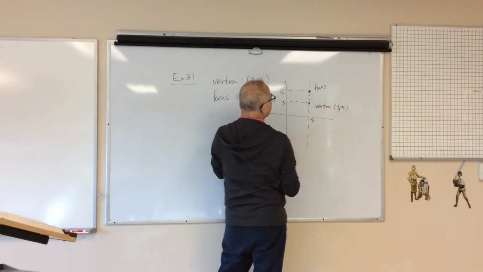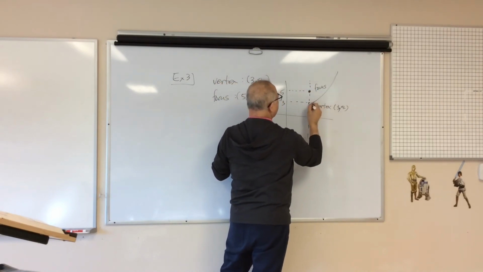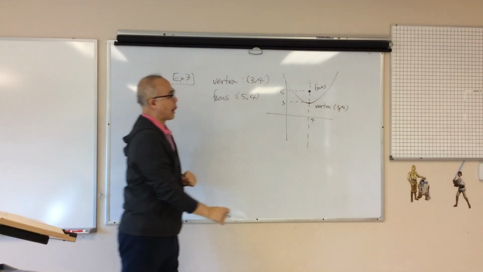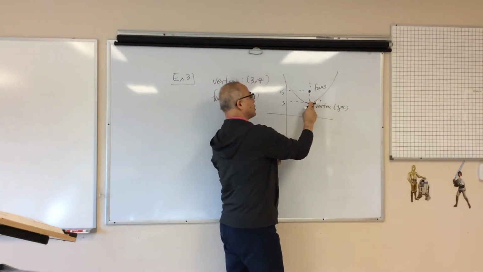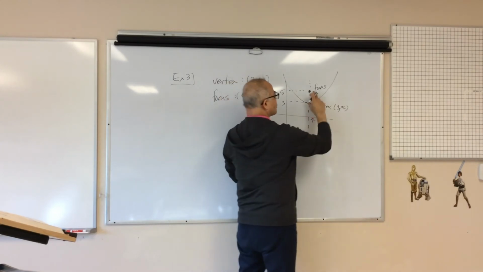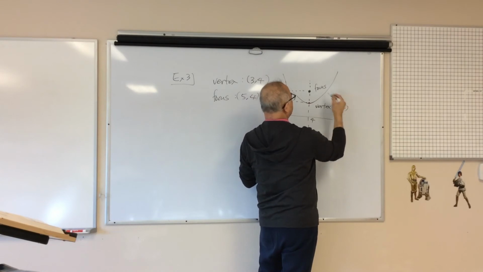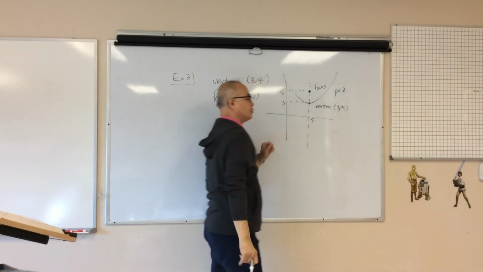The focus is here. So this is the vertex, this is the focus, so it's going to have to open like that. What's the p-value here? The p-value is the distance between the vertex and the focus, which would be 3 and 5, so the p-value is going to be equal to 2.